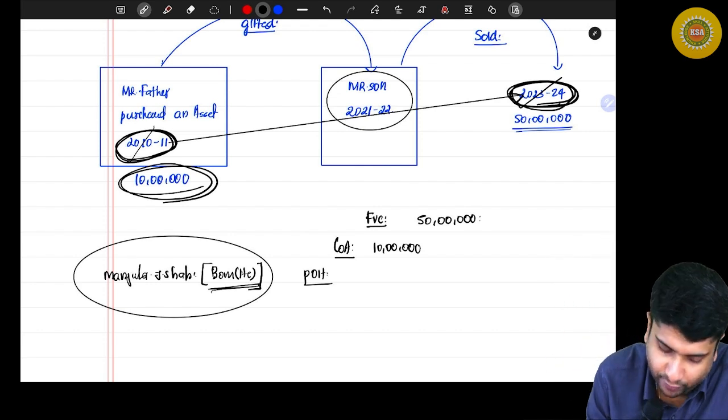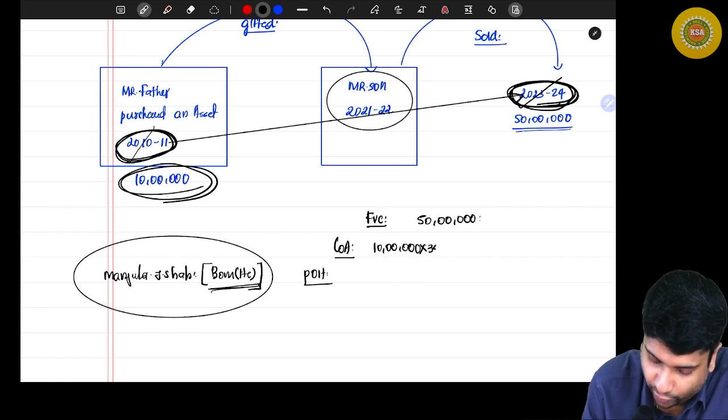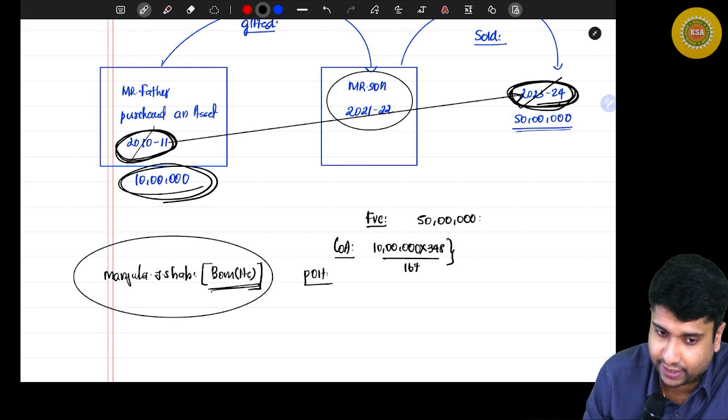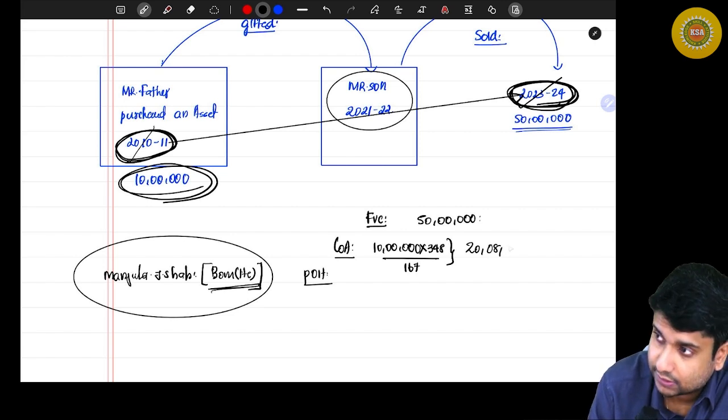So you tell me, while computing this, how much will be the indexed cost of acquisition? Can you help me with the index numbers from the revision note? Into 348 divided by 167. And how much will be the indexed cost of acquisition? 20 lakh 83,832.